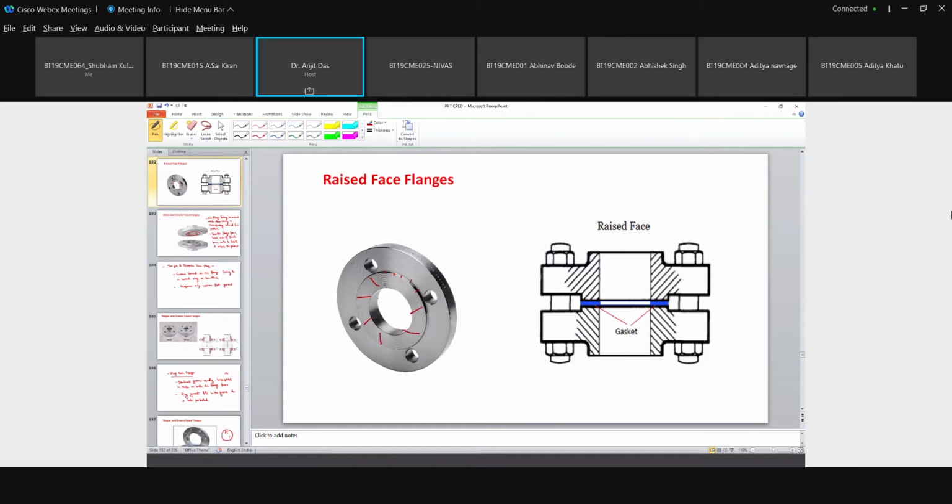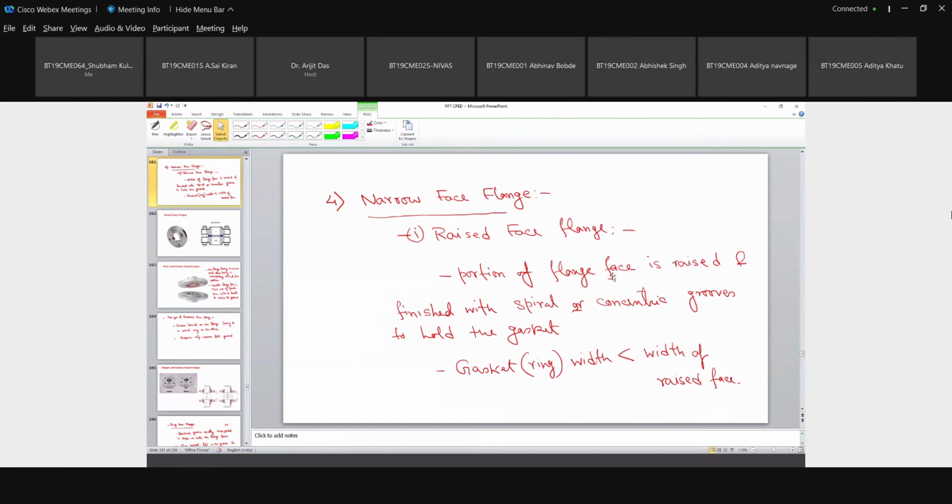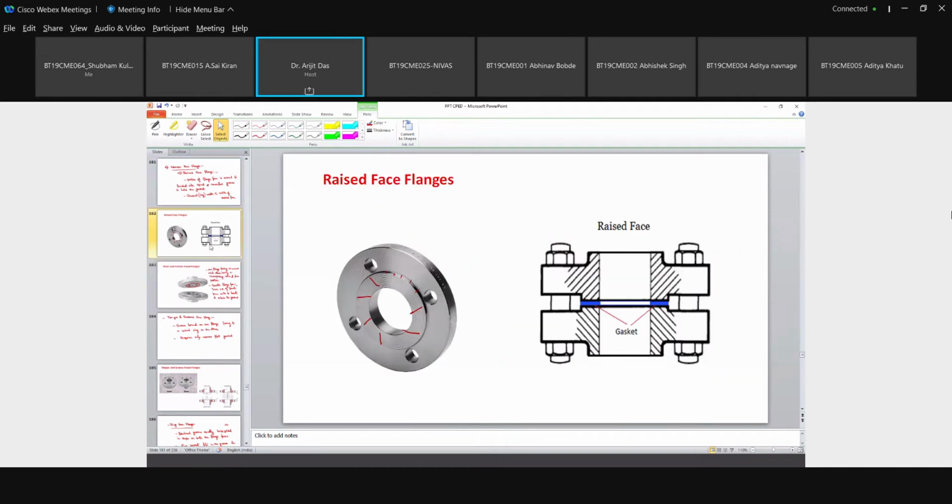Now, a portion of the flange face is raised, and there are some spiral or concentric grooves. Here the gasket will be placed on this surface.